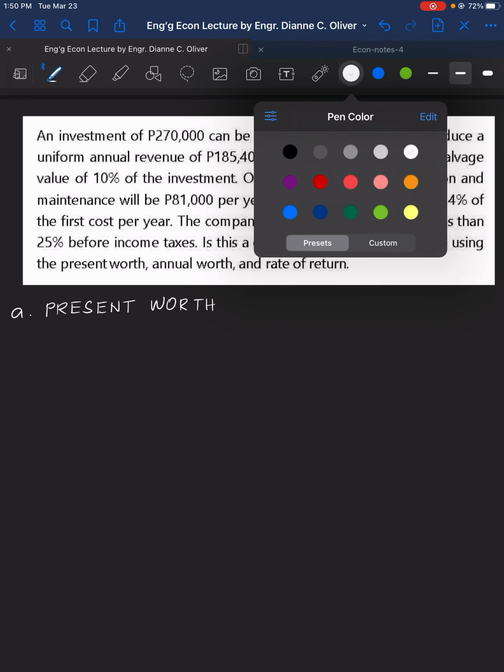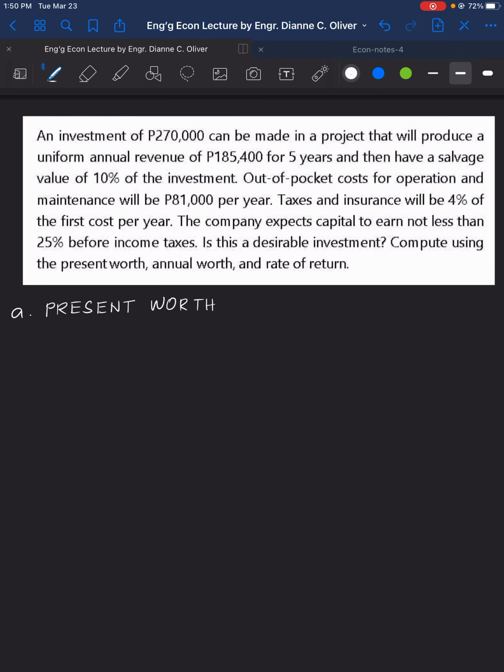For the cash flow diagram, you notice there's a salvage value, and annual revenue. So we have here the cash flow diagram of cash inflows.